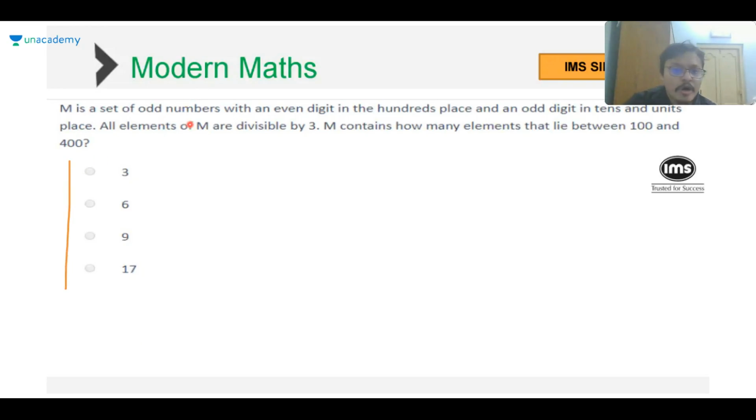M is a set of odd numbers with an even digit in the hundreds place, and odd digits in the tens and units place. All elements of M are divisible by 3. M contains how many elements that lie between 100 and 400?